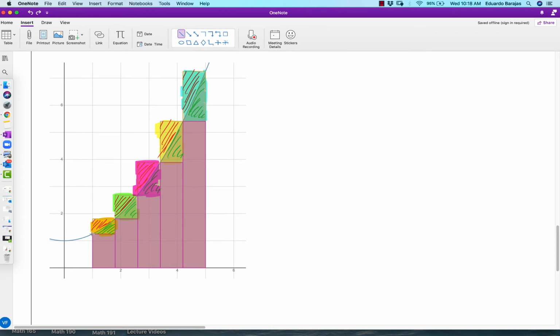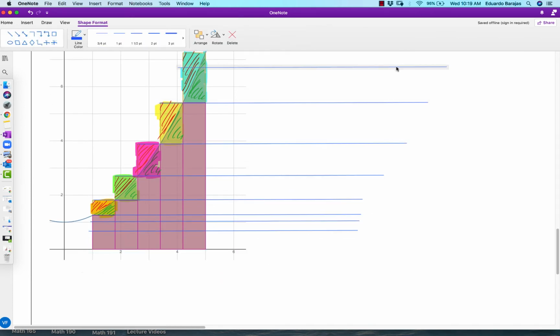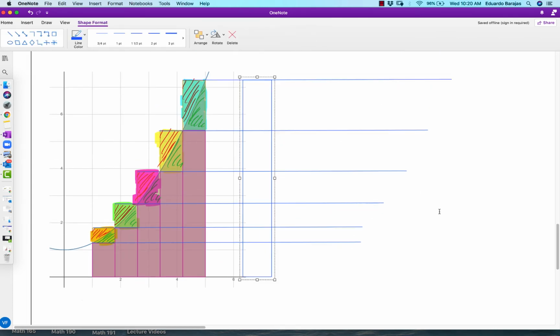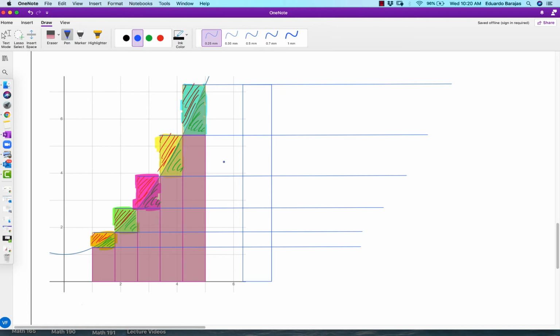If we extend a line from here all the way out to here, for the purpose of visualizing what I'm about to do, all I did is extend lines straight across like this and create these little triangles.